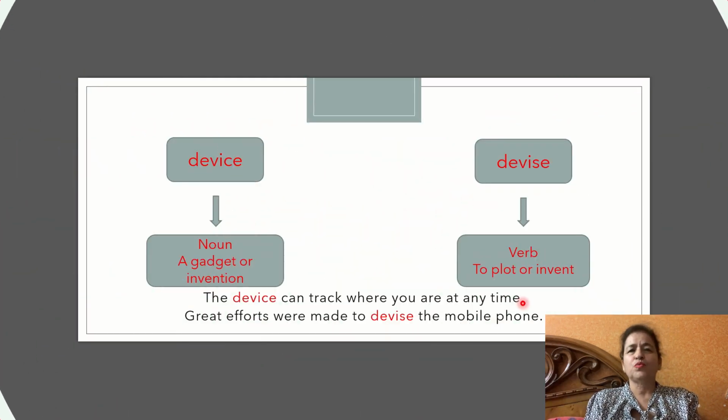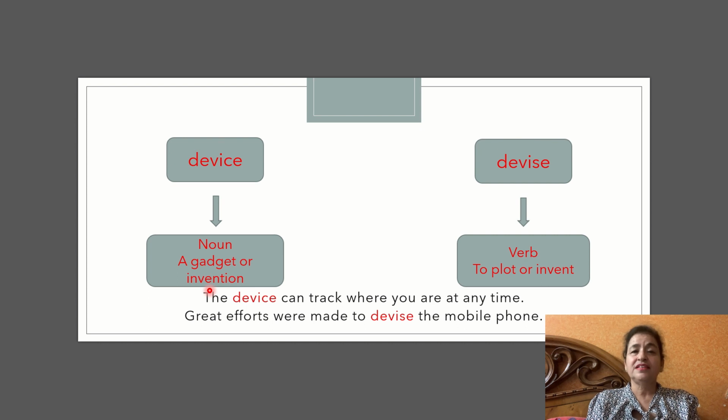The last set of words is device and devise, right? D-E-V-I-C-E is a noun, which means a tool, an invention, an instrument. And the sentence for it is: the device can track where you are at any time.